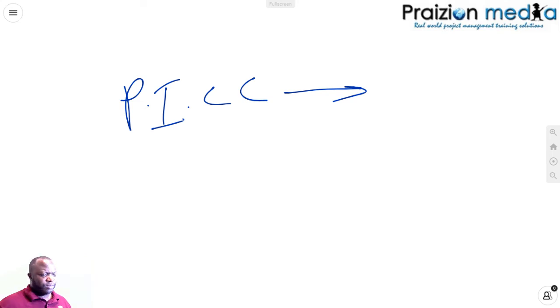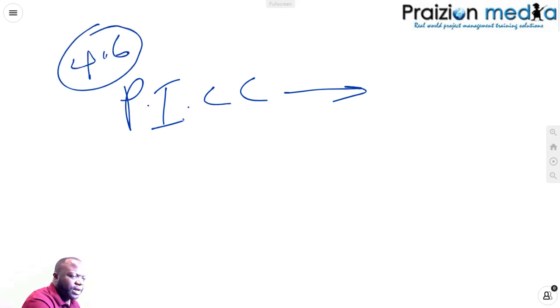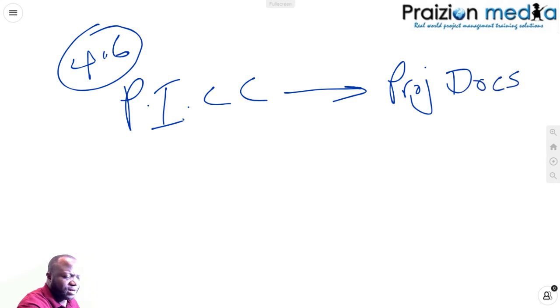Talking about PICC 4.6, now instead of calling out the change log explicitly, it calls out project documents, and under project documents we have the change log.